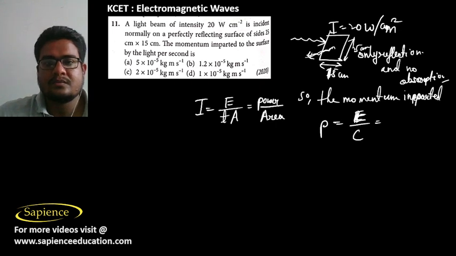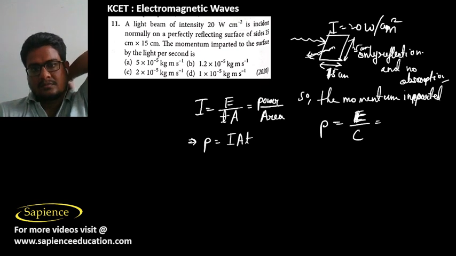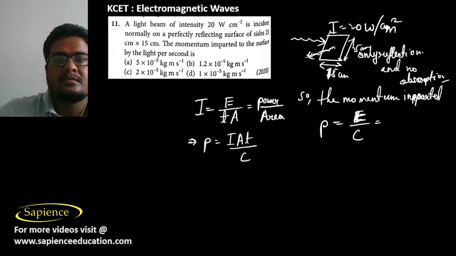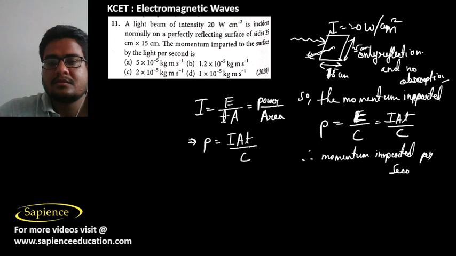So P is equal to energy, which is I A into T, divided by C. So therefore, the momentum imparted to the surface per second, P by T, is equal to I into A by C.